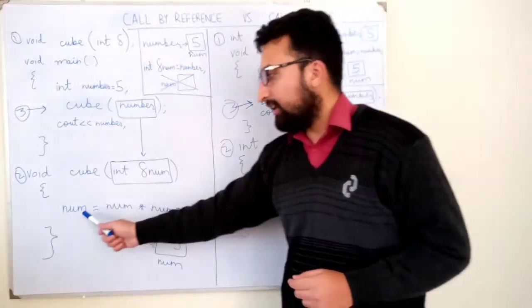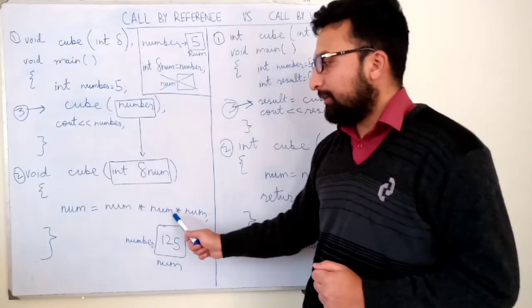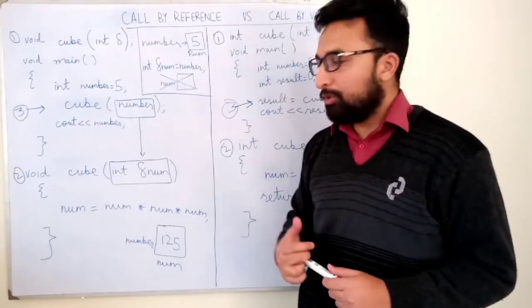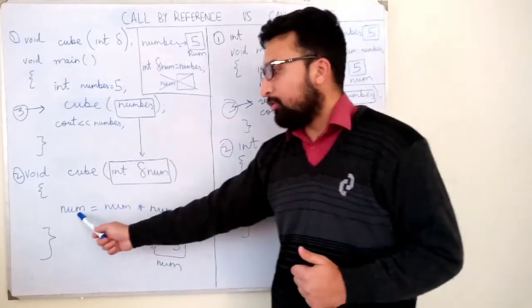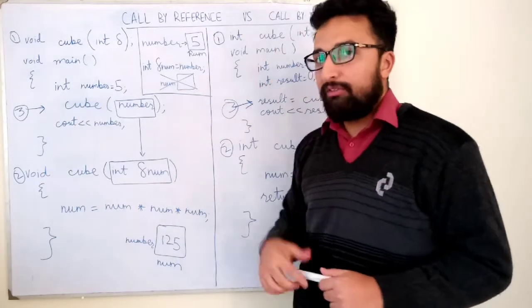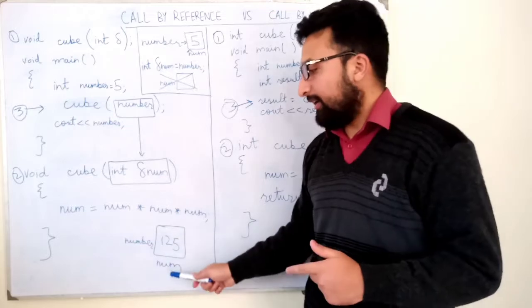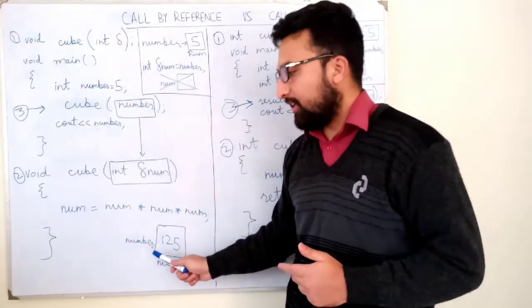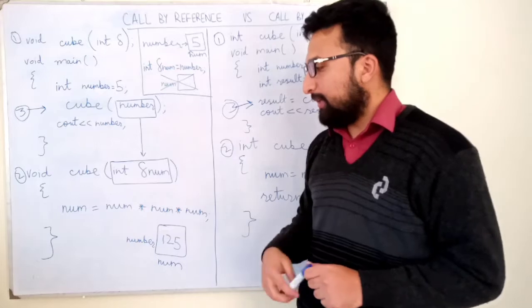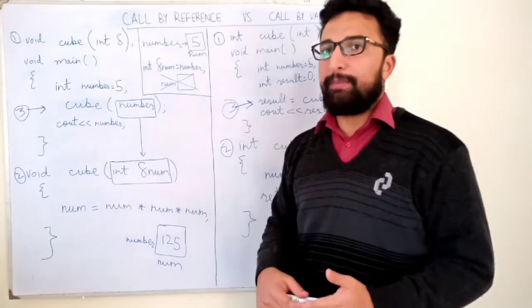For example, here we multiplied num with itself 3 times to have its cube, and the value got stored in num. So now the num variable holds the value 125, but num is pointing to the same memory location as number was pointing at. So basically number has also been updated.